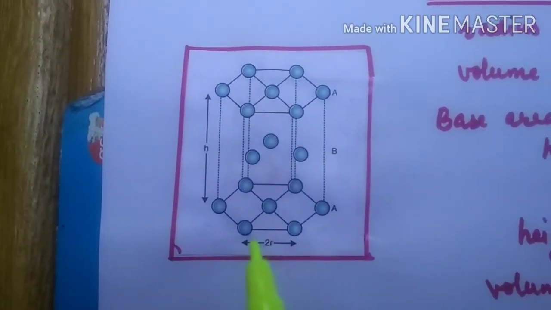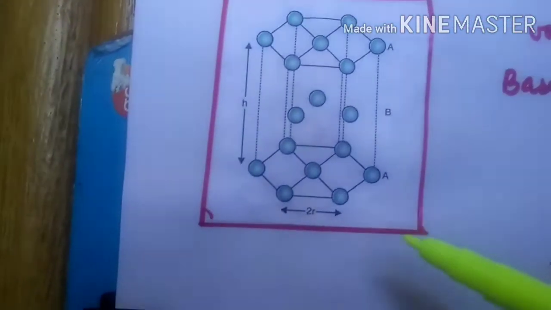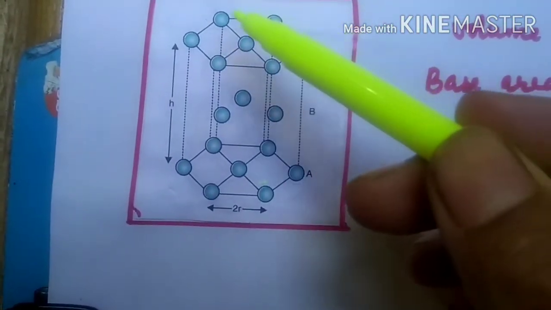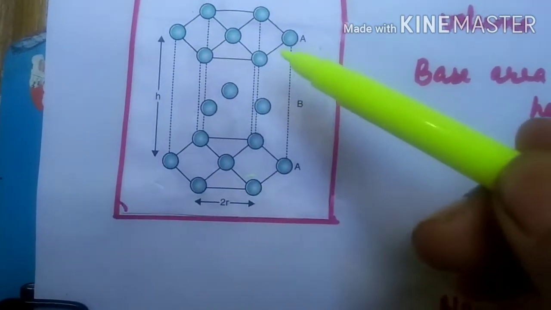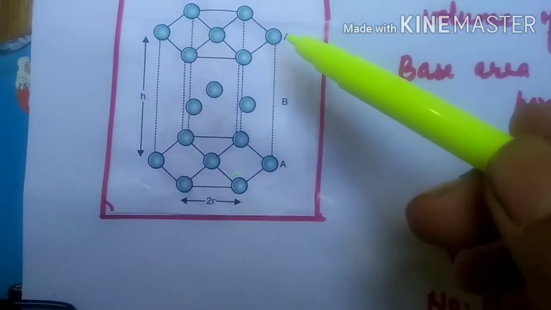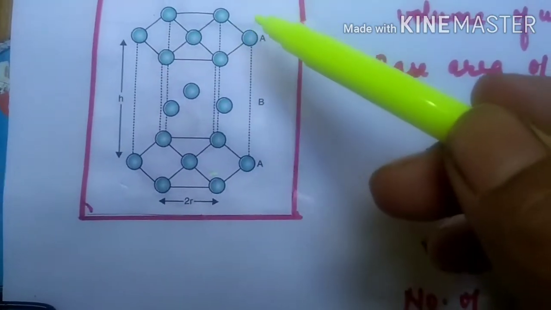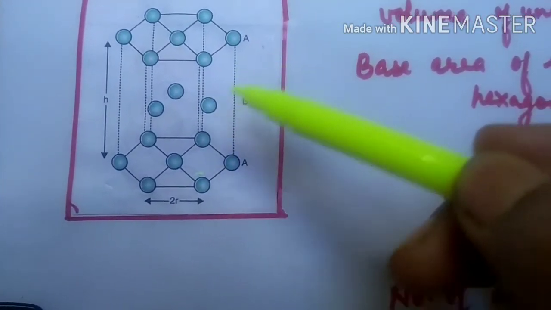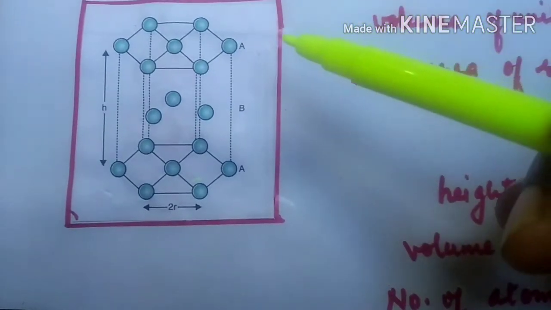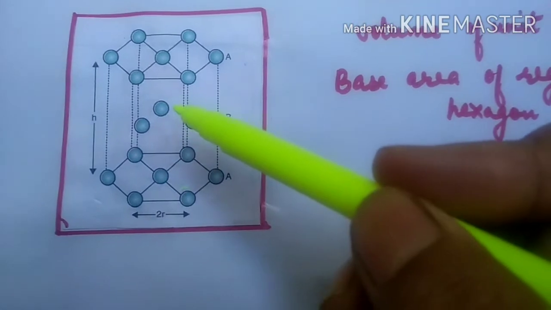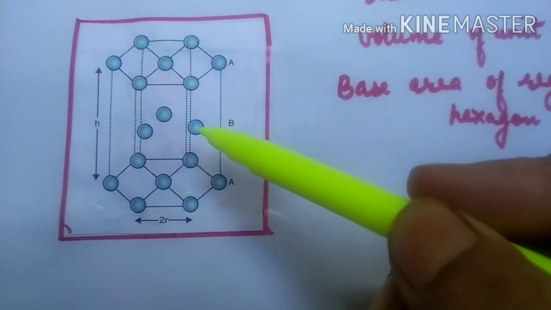So the number of atoms per unit cell will be: 6 at the bottom, 6 at the top, so 12 atoms at the corners. Each atom is shared by 6 unit cells, 3 in the bottom layer and 3 in the topmost layer. So 12 into 1 by 6 is 2, plus 3 in the body center.